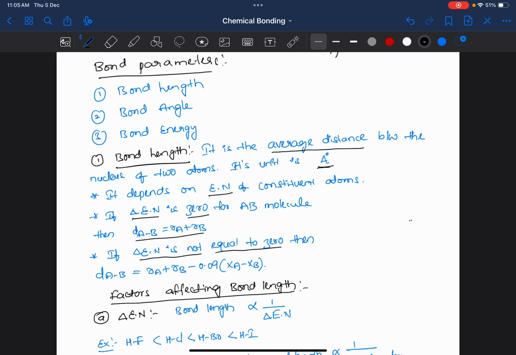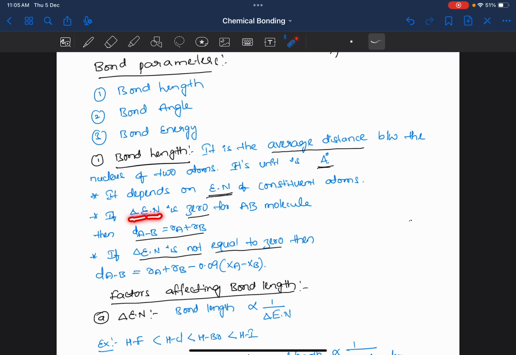Now, it depends on the electronegativity of the constituent atoms, meaning the atoms that come close to each other. Those atoms are said to be constituent atoms.